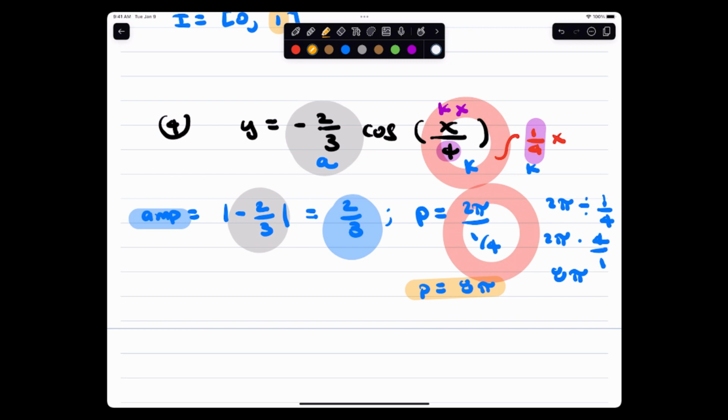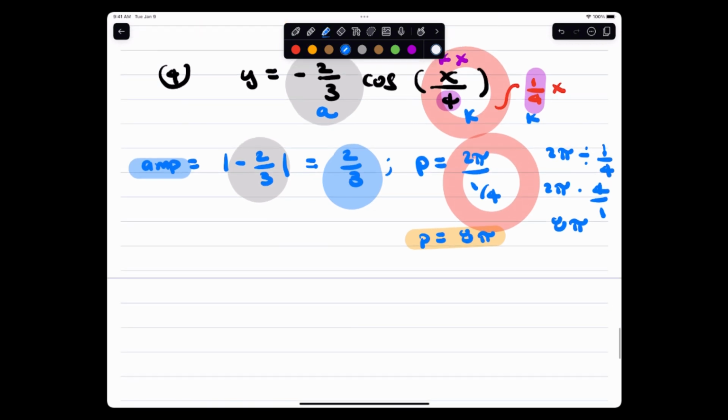Okay, so now let's take a look at this. You got your interval of one cycle going to start at 0 and end where? At 8 pi. So you start at 0 and at 8 pi.